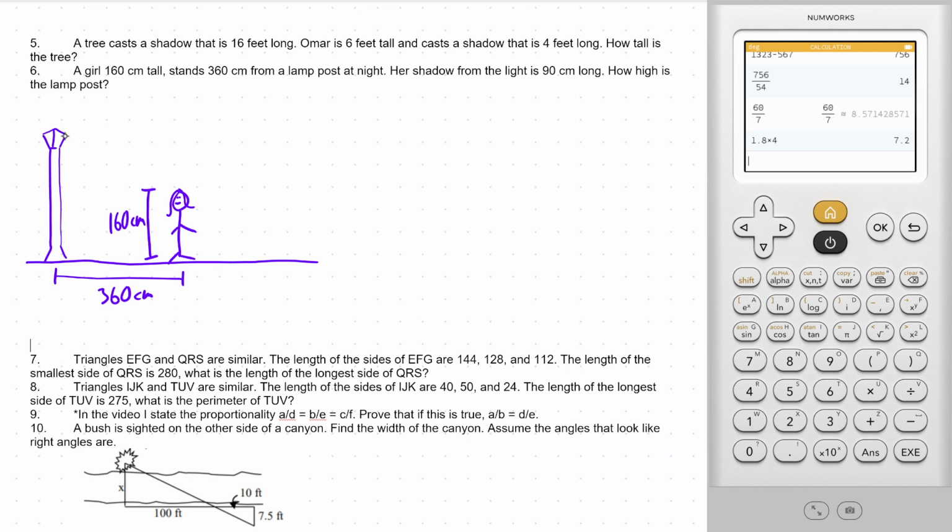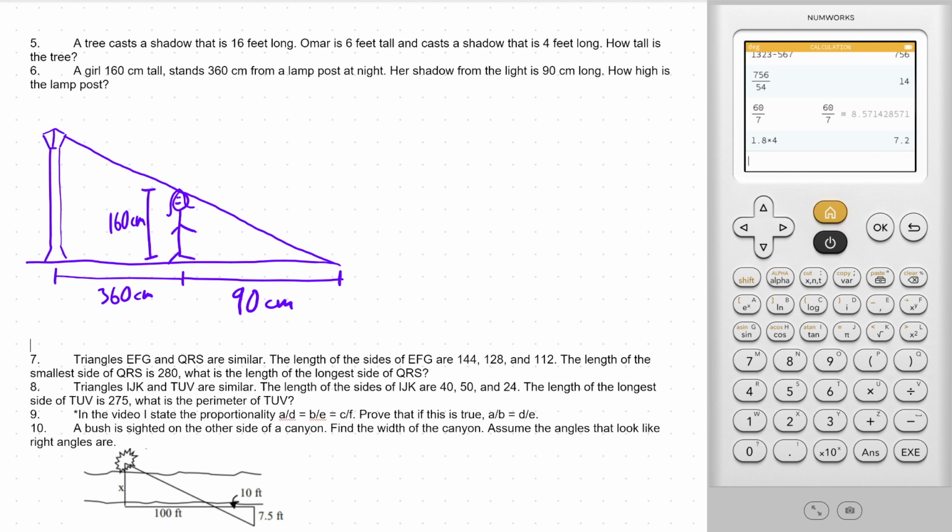So basically this light is coming down from the lamppost, and the end of her shadow is here. This is, oops, sorry about that, 90 centimeters. Clearly this is not to scale, and that's fine.